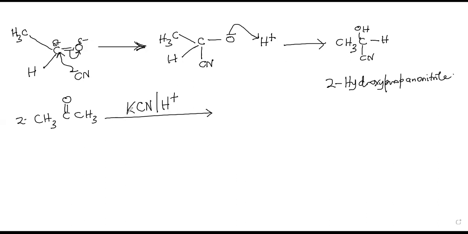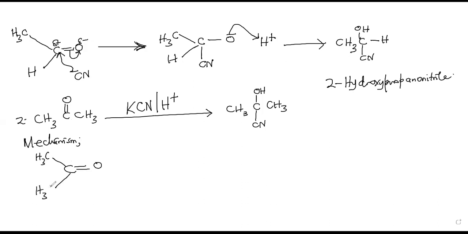I may not be sure of the product, but if I'm sure, I can write CH3, C, then OH, then CN, then CH3. Then the mechanism would be, you have C double bond O, and I have two H3C groups attached.